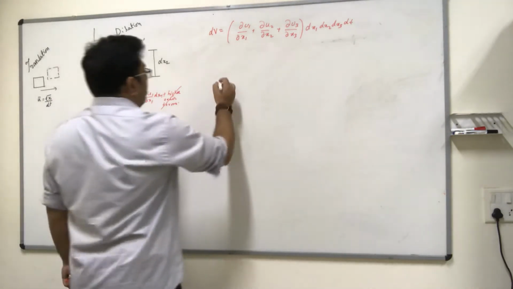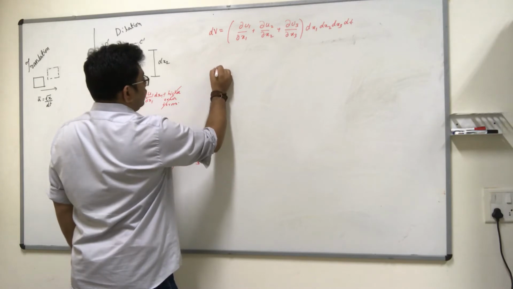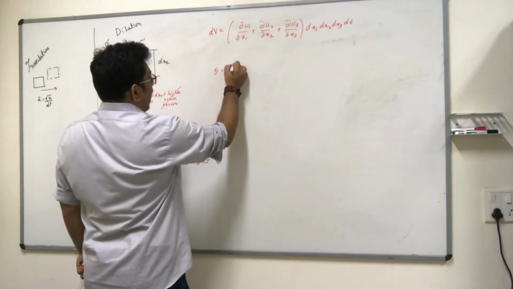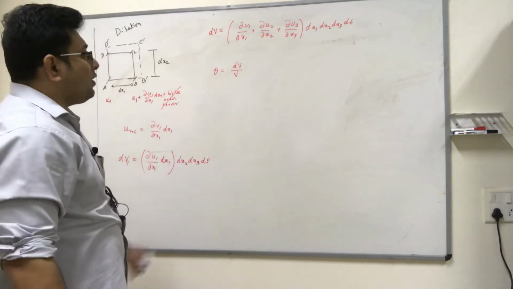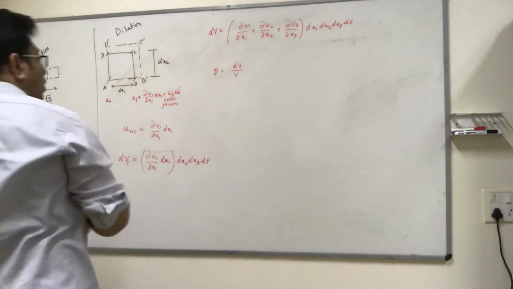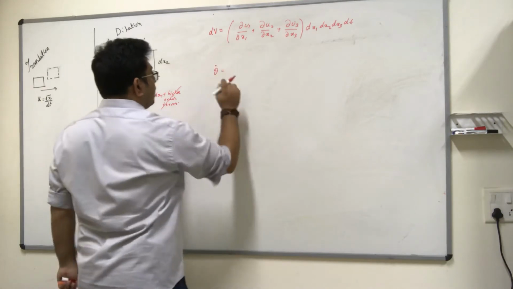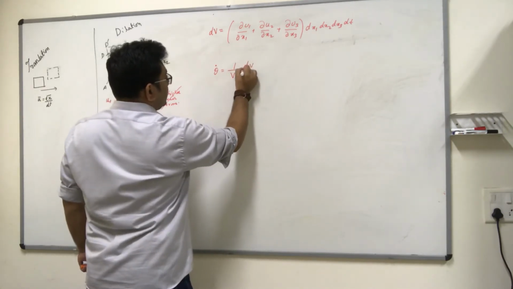So now my volumetric change, which, let's say, if I were to define it as theta, I would have, this is my volumetric change. But we have said before that we are going to be dealing with rates, right? So we are going to be interested in theta dot, and the theta dot would be 1 by V dV dt.